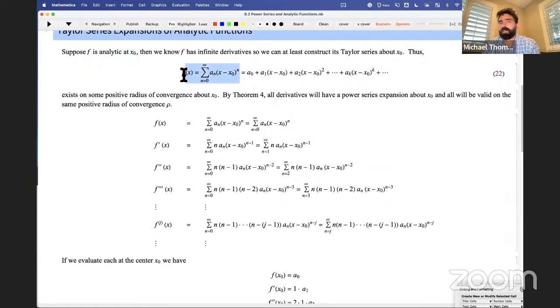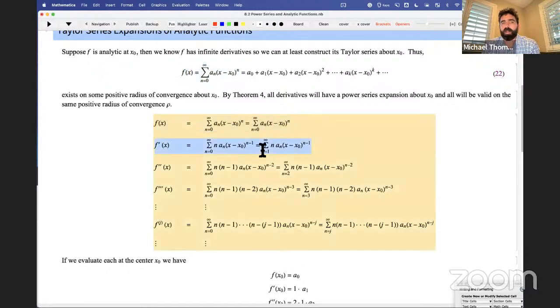It looks like so, about x naught. Let's differentiate this and expand all the terms out, though we're going to keep it condensed. That would be the 0th derivative, the function itself. Now let's take the first derivative. You just differentiate term by term.